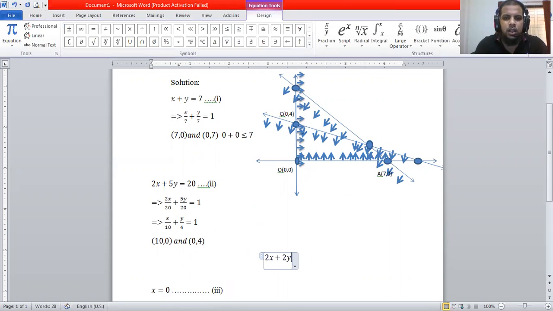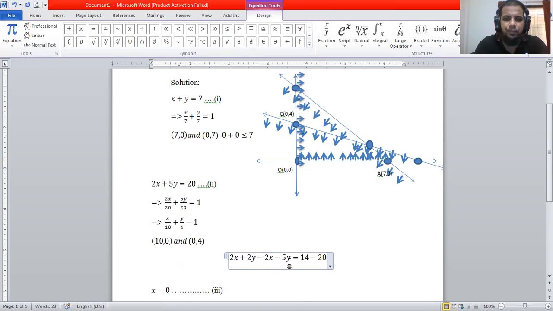And if we subtract number 2 from twice of 1, it will be 2x minus 2x, 2y minus 5y is equal to 14 minus 20.